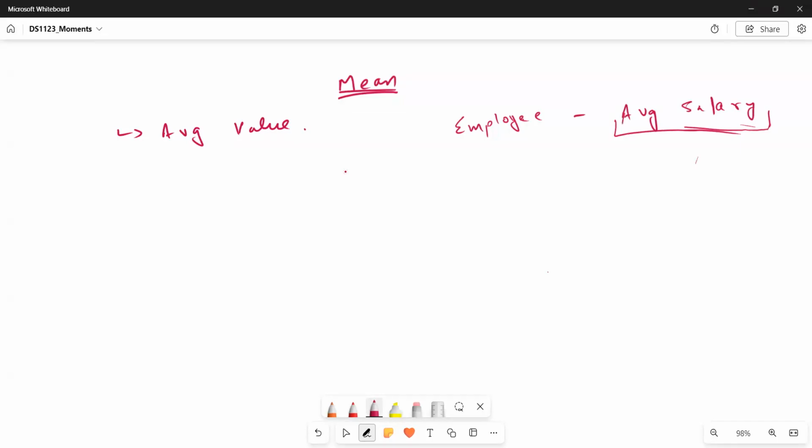Or if it is a specific department, you can find the average salary in that department, and then you'll get an idea how much the company is ready to pay as compensation for your services, right? So this is exactly how the average value is used.